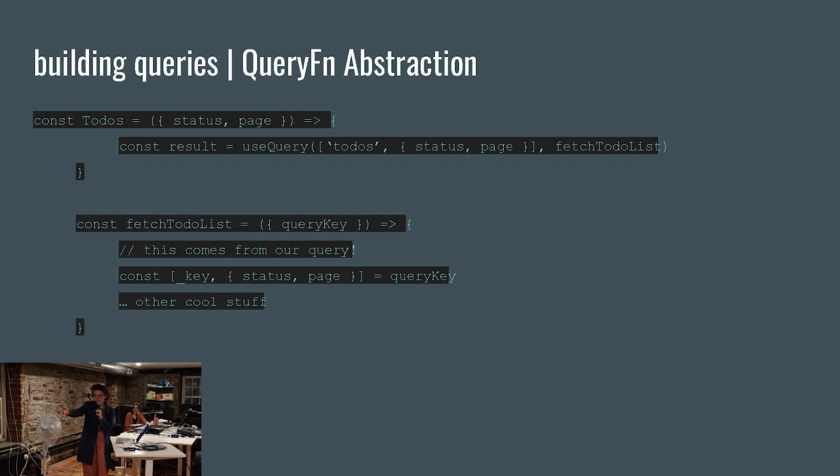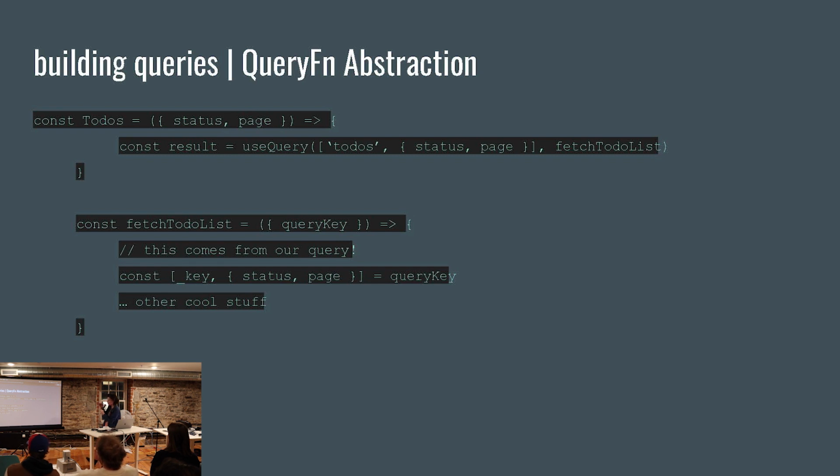And as you can see with the underscore key and then our parameters, status and page, which we have in the little to-do up there, we have access to it through providing it in the query. So since the query gets sent down to whatever the query function is, we'll have access to that information.